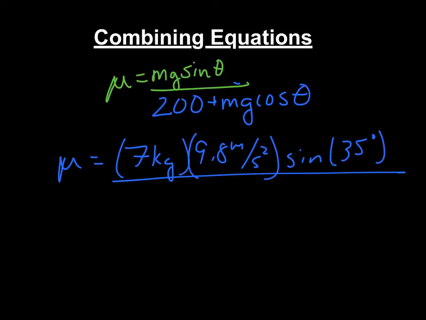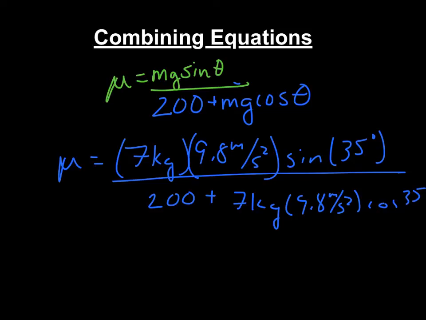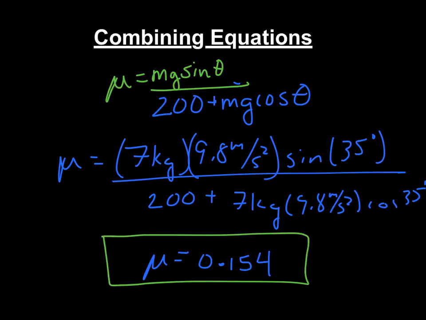All over 200 plus 7 kilograms times 9.8 meters per second squared times cosine 35 degrees, and we get mu equal to 0.154. That's your answer. And again, mu doesn't have any units because it's the relationship between the normal force and friction.